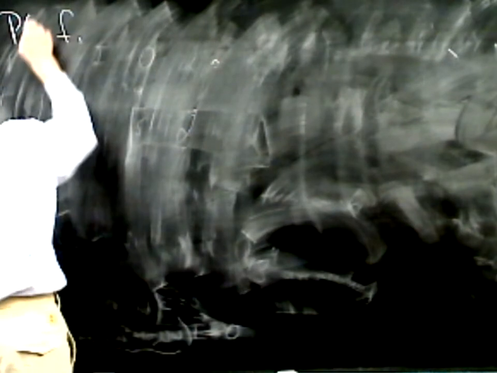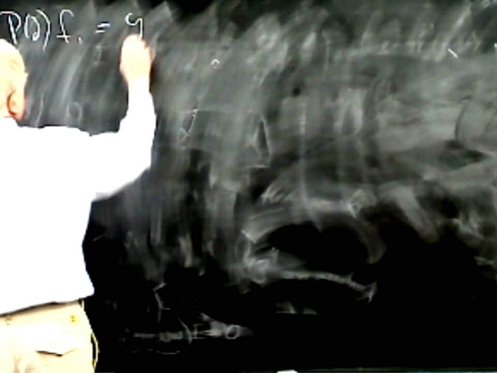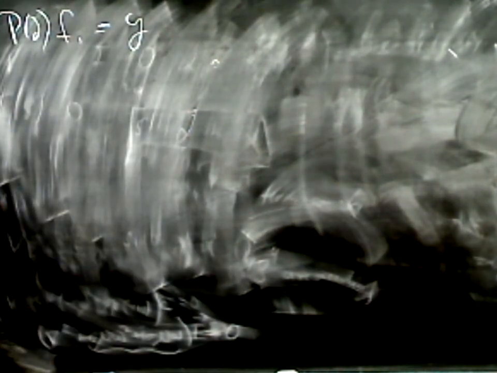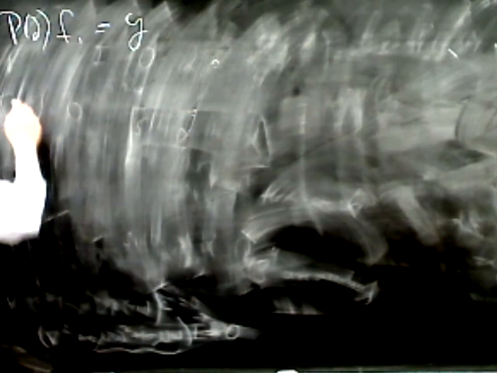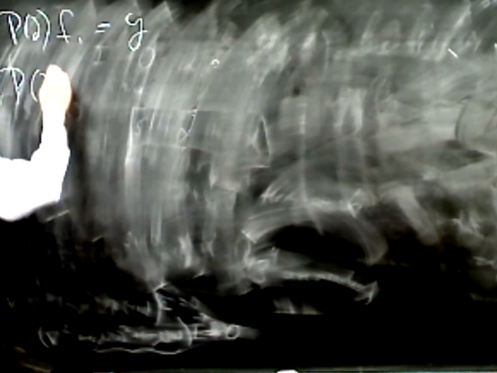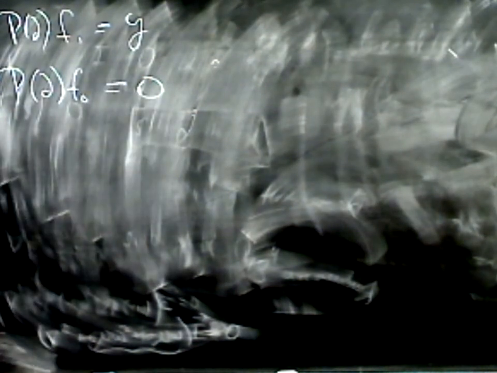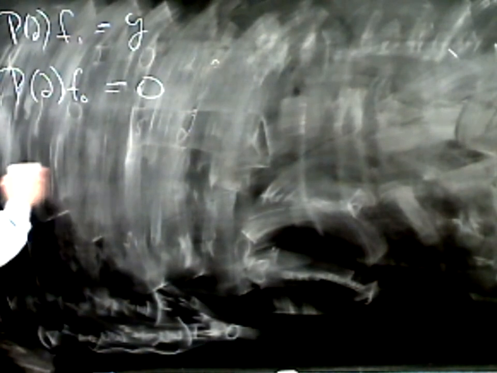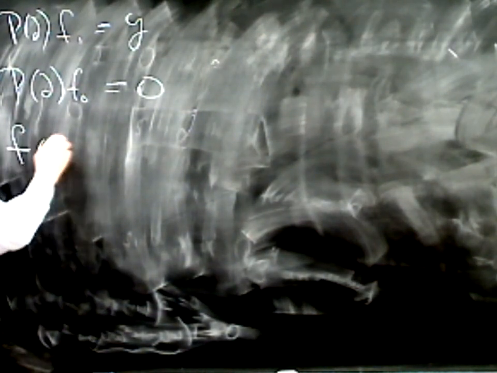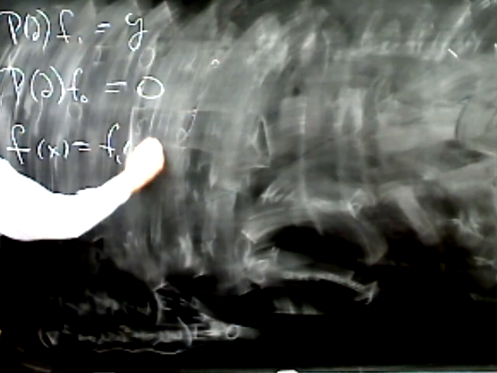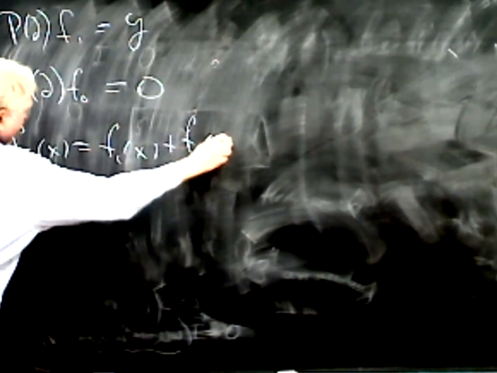So we have p of d f1 equals g. Now, suppose we also have other solutions that are solutions of the homogeneous equation. Then we can write f of x equal to f1 of x plus f0 of x.